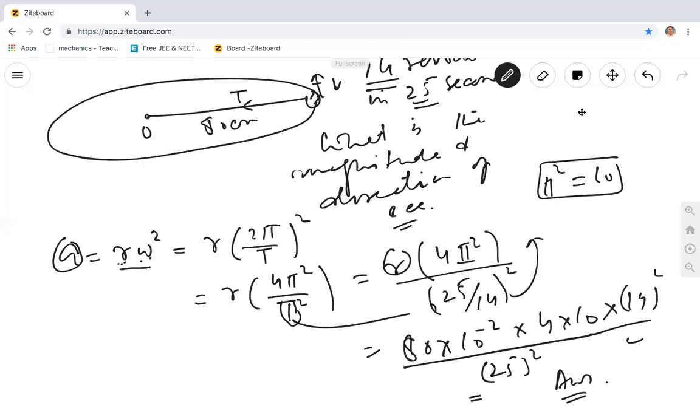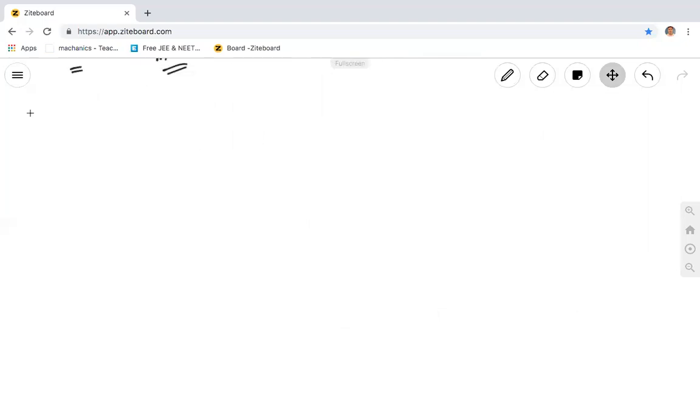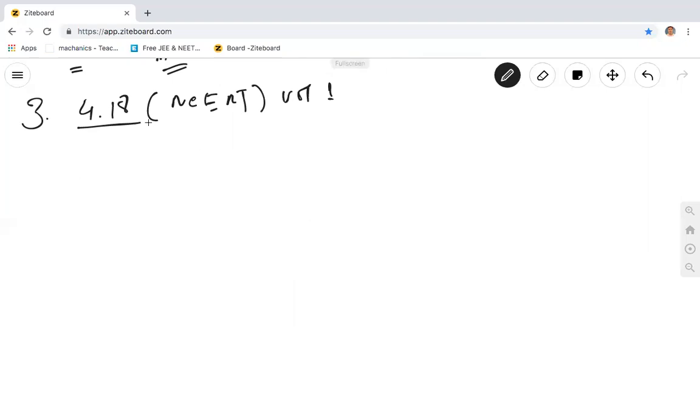Okay, let me go to the third problem. Chapter 4, question 18, the same NCERT, Volume 1, page 87. An aircraft executes a horizontal loop of radius 1 kilometer with a steady speed of 900 kilometer per hour.